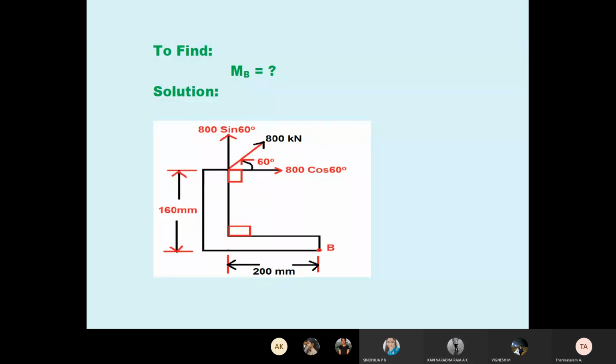What about 800 sin 60? Sir, I said that also, sir. Again, repeat, tell me the sum in a single line. MB, moment about point B equal to, tell me now. MB equal to 800 sin 60 into 800 cos 60 into 160 mm, sir.